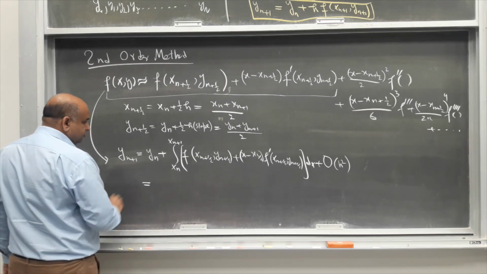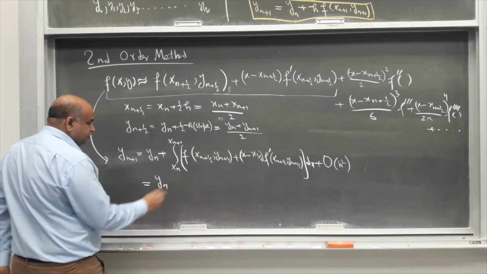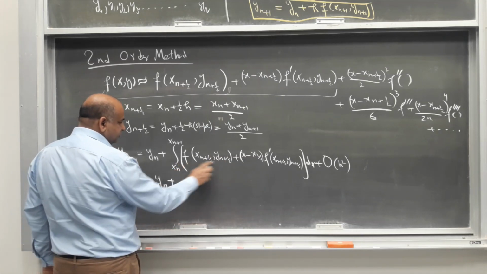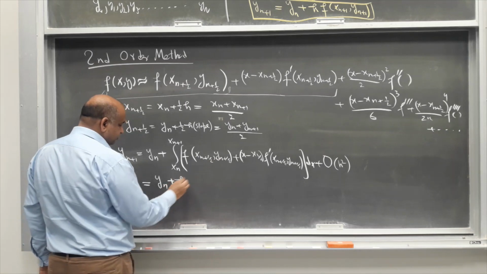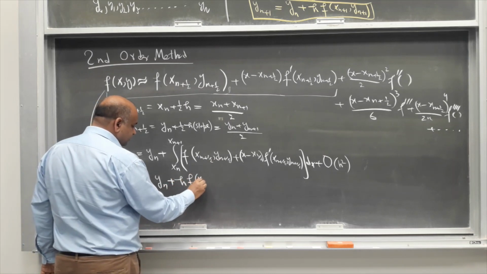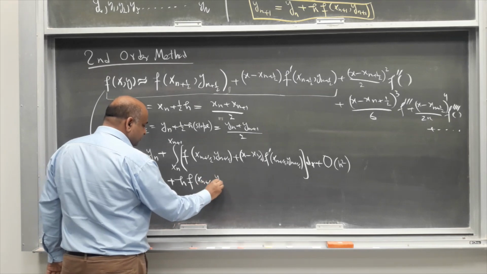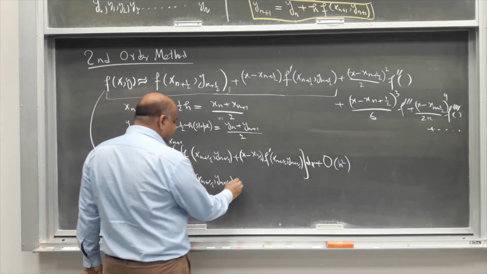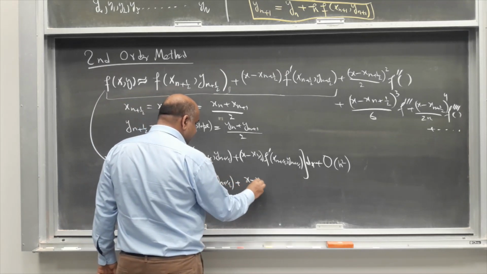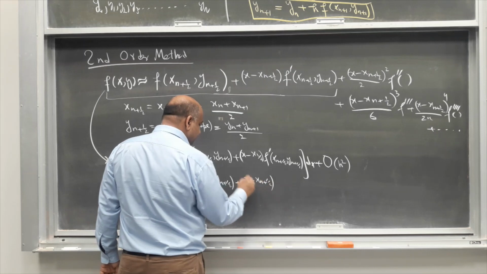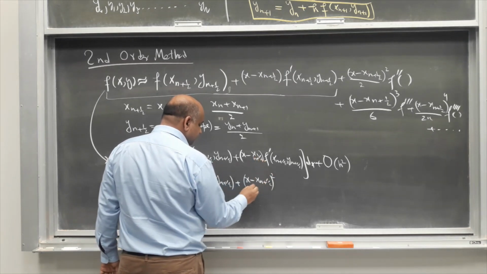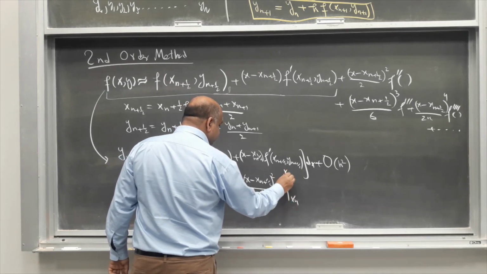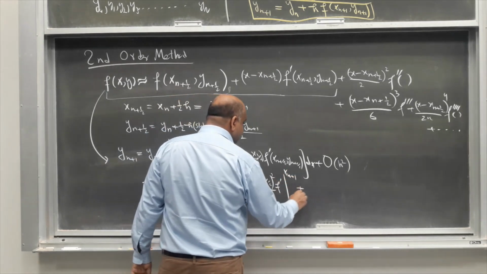Okay, now we can do this integral quickly. This is constant, so I get h f of x_{n+1/2}, y_{n+1/2}, and its derivative term would be plus x minus x_{n+1/2} squared over 2 times f prime, with integration limits x_n to x_{n+1}.